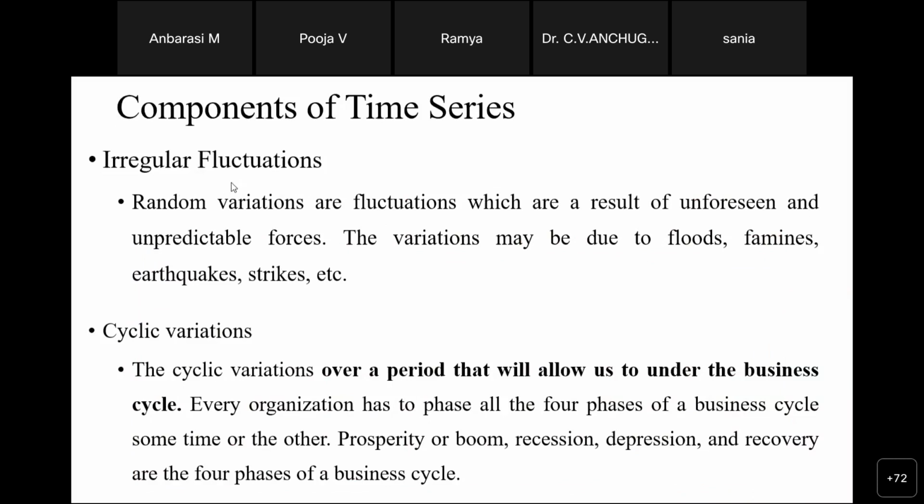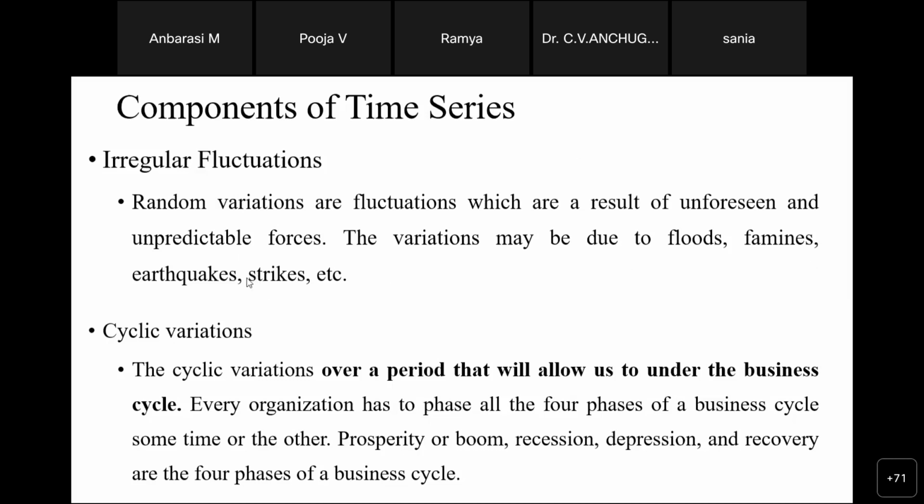Or during the corona period, if you take, there also some fluctuations will be there. Medical products and most of the products will be very high. Even paracetamol, the number of sales will be more. So due to some unforeseen or unpredictable forces, the variations may be due to a flood or earthquake.